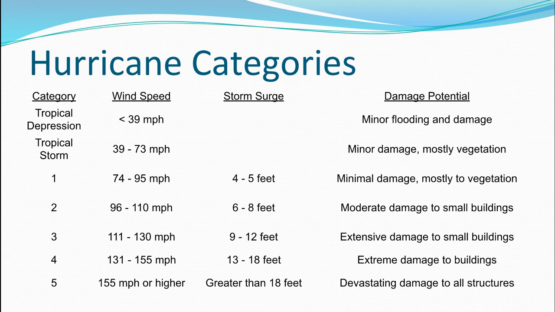But once the winds make 74 miles an hour, that's officially a hurricane. Now, if you look on down, you've got a category 2 at 96 miles an hour, a category 3 at 111, category 4 at 131, and a category 5 has winds of 155 miles an hour or higher.